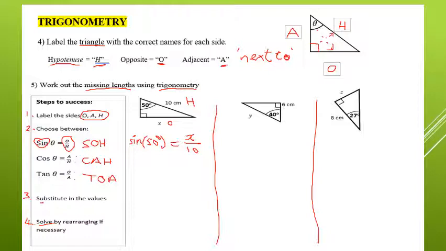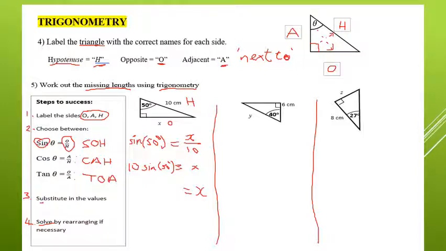Okay, we do rearranging first. This X has been divided by 10, so to get X by itself, I'd multiply both sides by 10. So I write 10 sine of 50 degrees, and then we go to our calculator and work out what X is going to be.